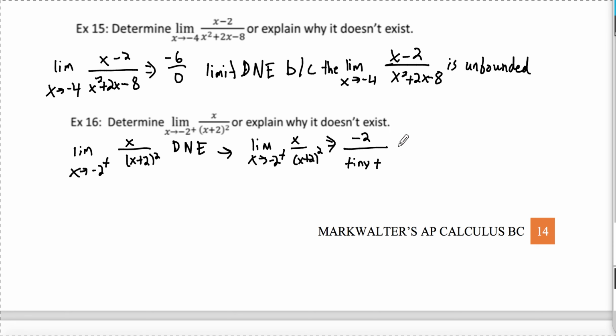Some negative number divided by an infinitely tiny positive number is going to lead us to the fact that this limit actually approaches -infinity. What that means at that vertical asymptote from the right-hand side is that our graph actually shoots down at that vertical asymptote.